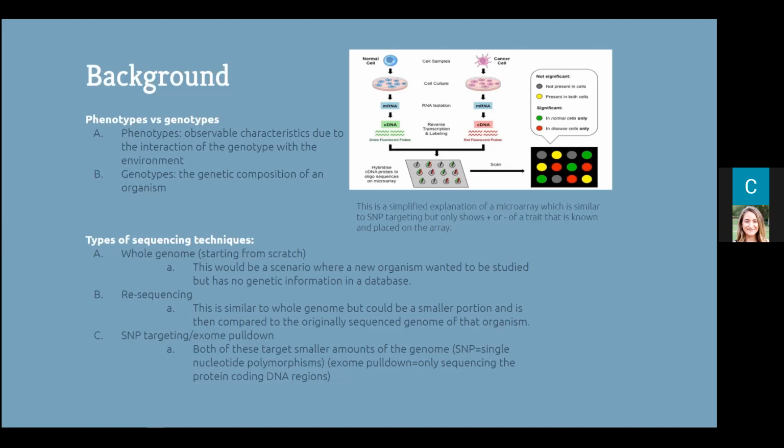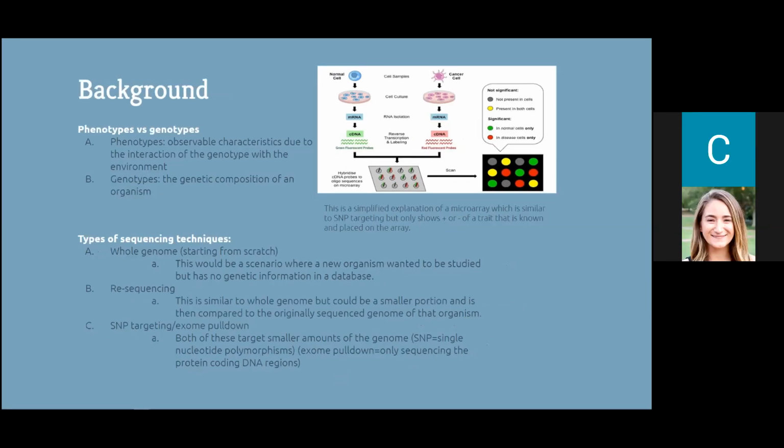So SNP, or single nucleotide polymorphism, is focusing on, as it states, single nucleotide mutations, I guess, in the target person's genome. And then exome pull down is targeting the sequences of protein coding DNA regions.